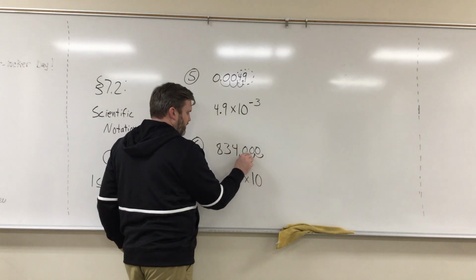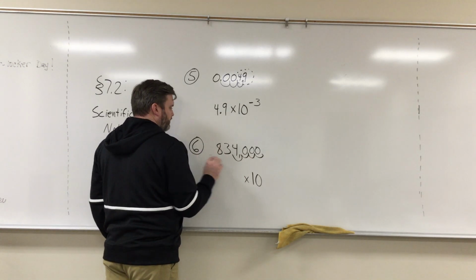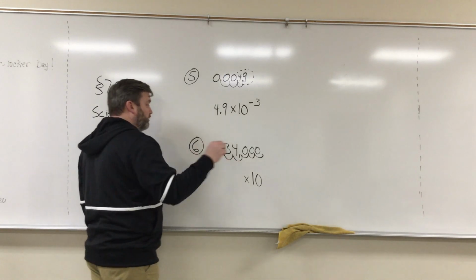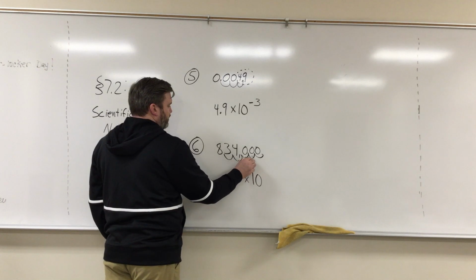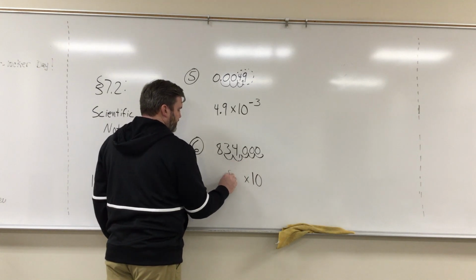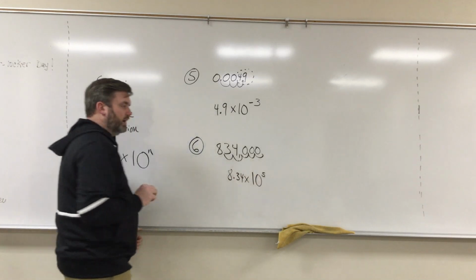If I move it here, I'm at 8,340. Now I'm at 834. Now I'm at 83.4. Now I'm at 8.34, which is between 1 and 10. I moved it 1, 2, 3, 4, 5 times. So I get 8.34 times 10 to the positive 5.